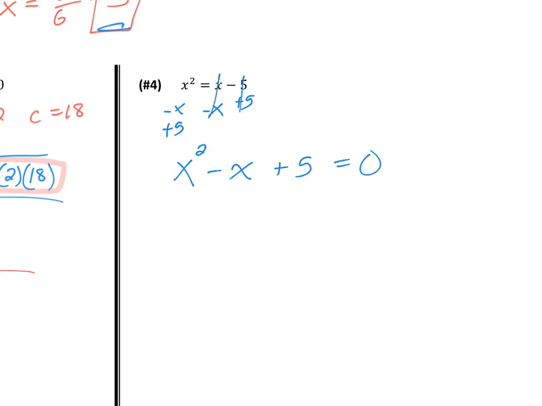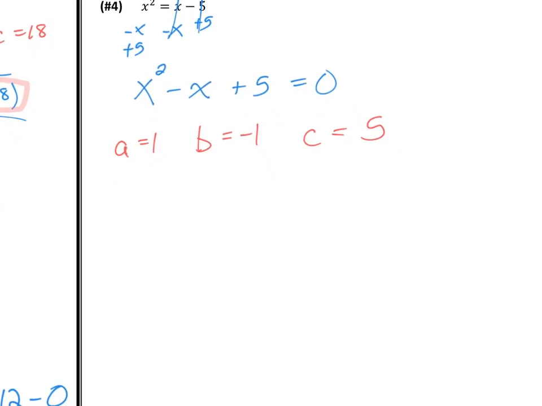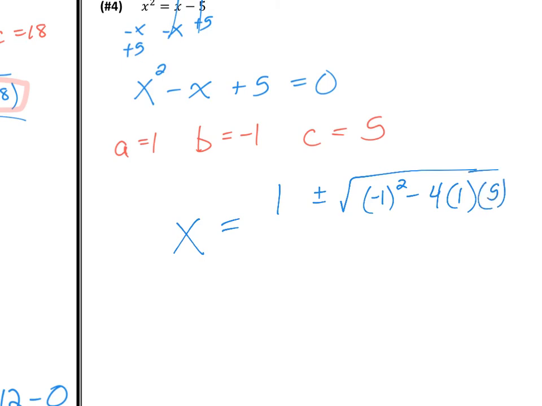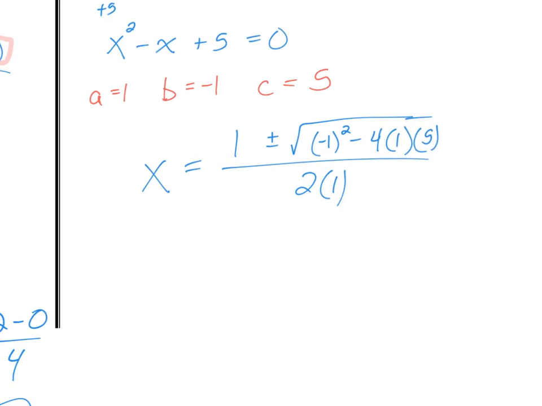So in this one, a equals 1, b equals -1, and c equals 5. So when we solve this, x equals negative b, which would be positive 1, plus or minus the square root of b squared minus 4 times a times c, all divided by 2 times a.